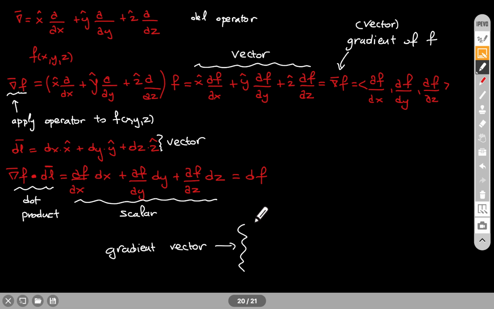I said vectors have 2 properties: the direction and the magnitude. As far as direction is concerned, the gradient vector shows you the direction at which the function f has the greatest change.